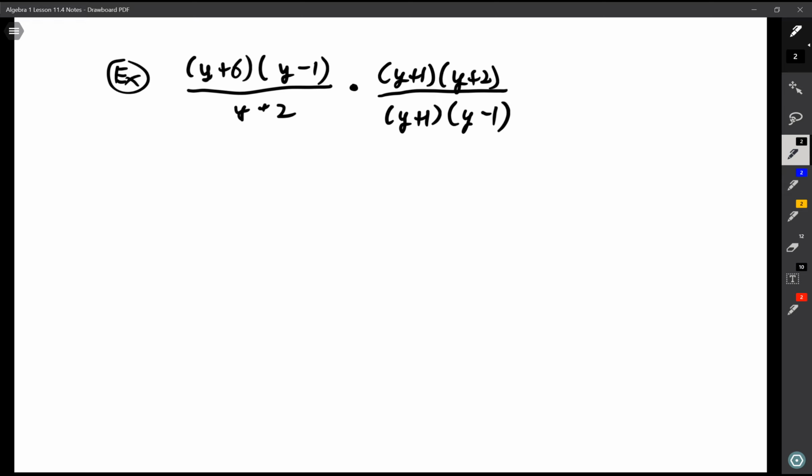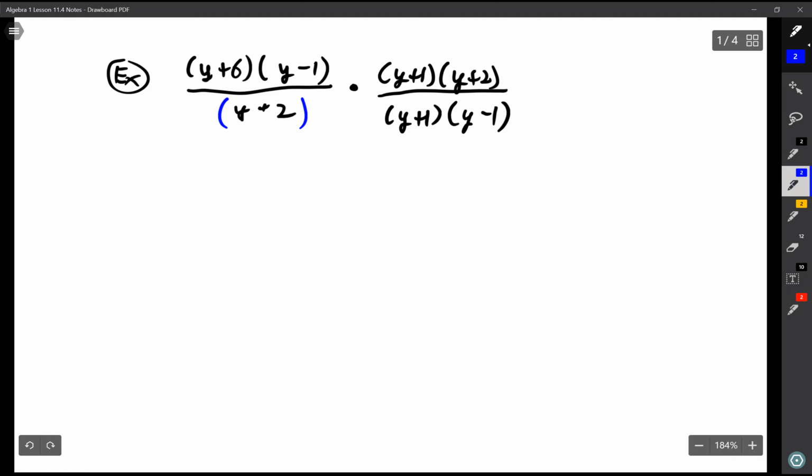All of these chunks are just being multiplied by each other, as in my numerator, I have a y plus 6 times a y minus 1 times y plus 1 times y plus 2. And then in my denominators, I have a y plus 2 times. Now, what you have to be careful of is it is this whole y plus 2.